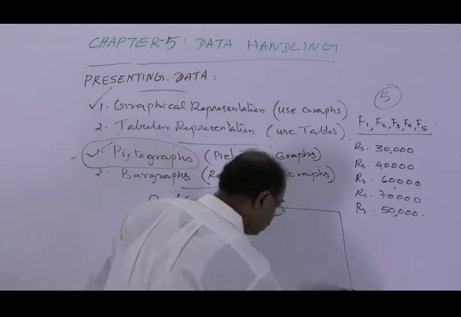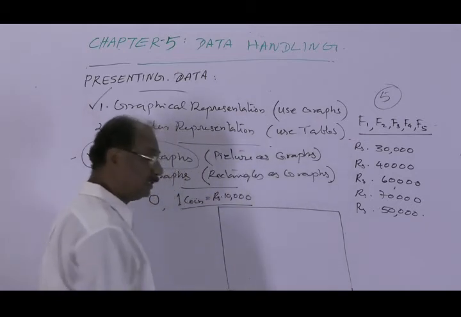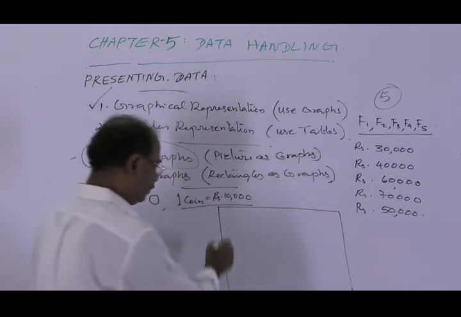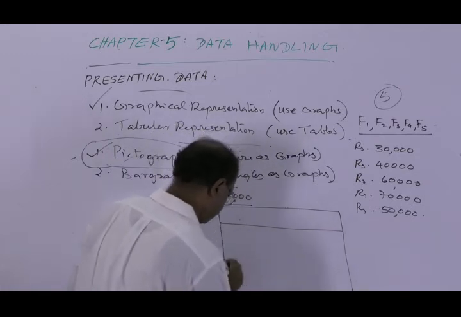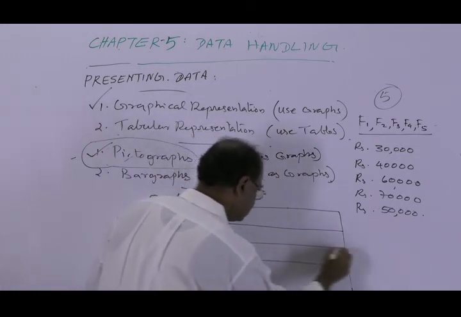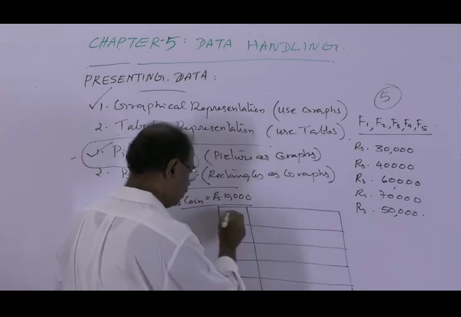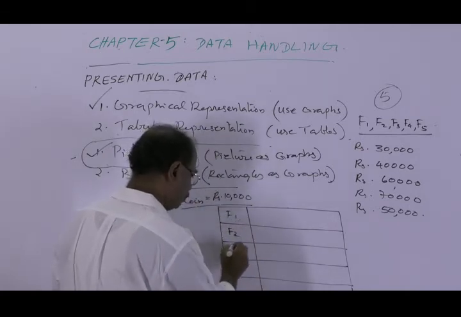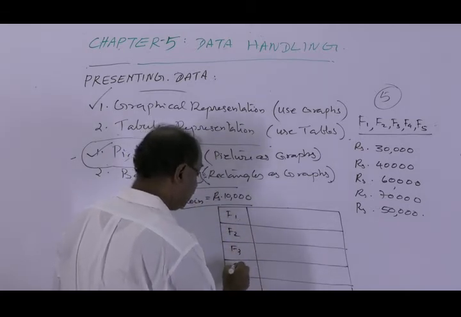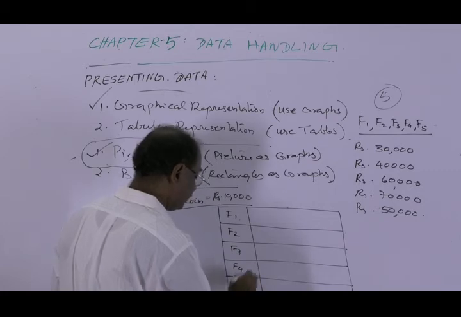There are 5 families, therefore 5 rows: F1, F2, F3, F4, F5.